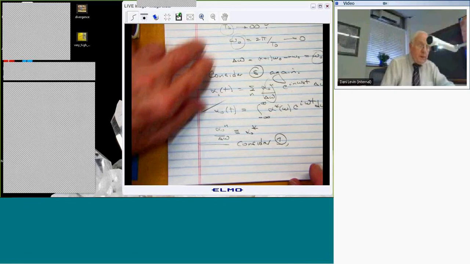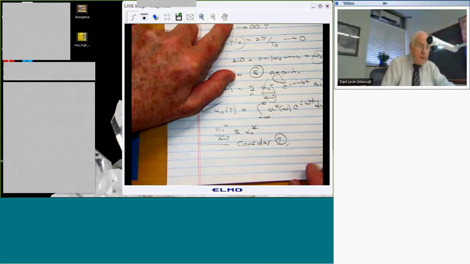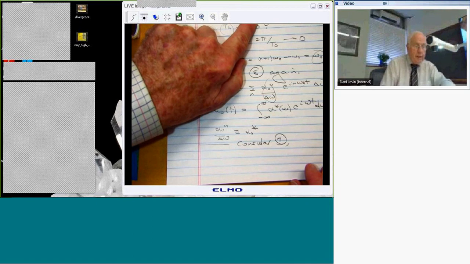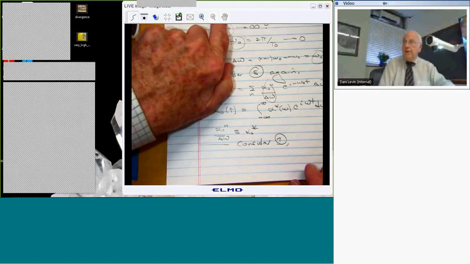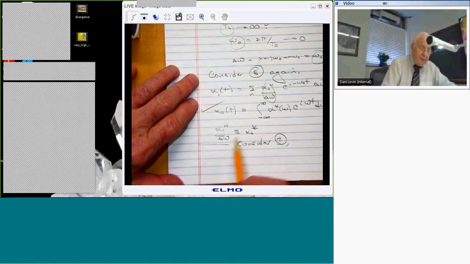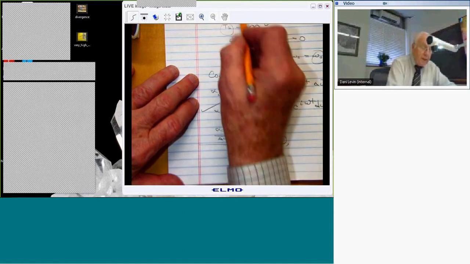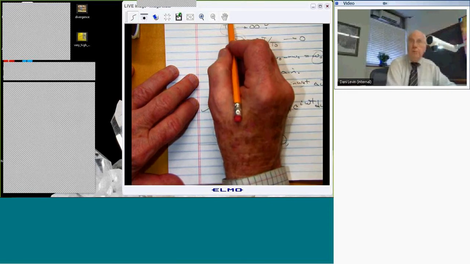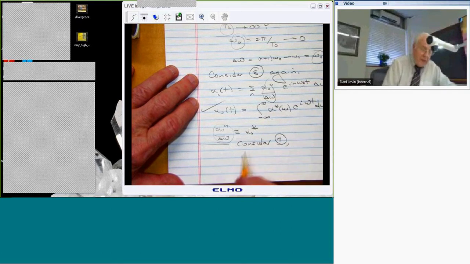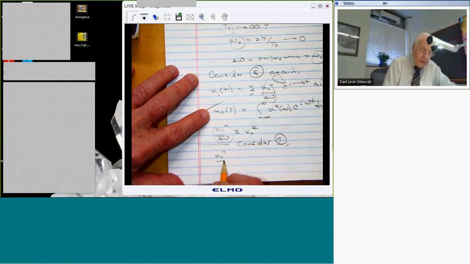If I look at 7, I really know that I want to multiply by t naught to get something finite. But another way to think about it is I'll do the same thing here that I did down here. I'm going to divide by delta omega, right? Since that proved to be useful for this purpose. So when I get to 7, I'm going to take 7, divide by delta omega.